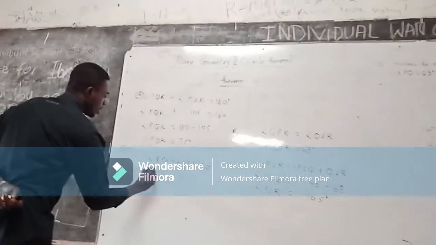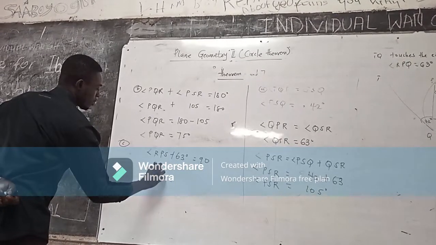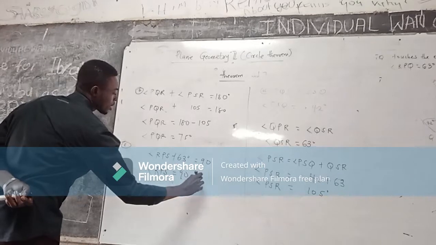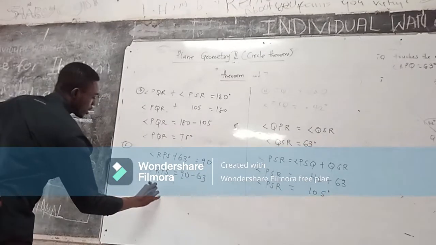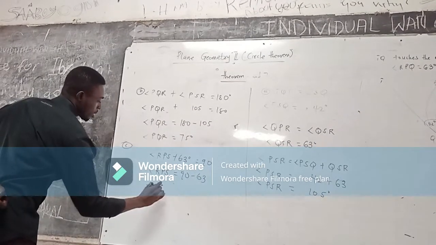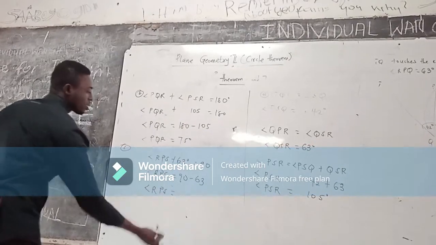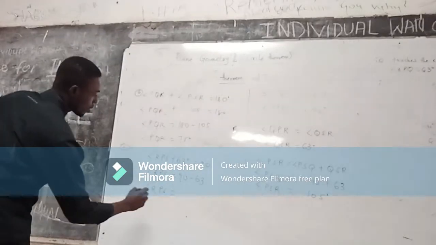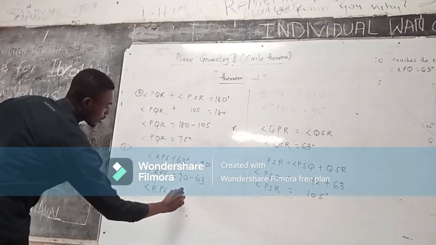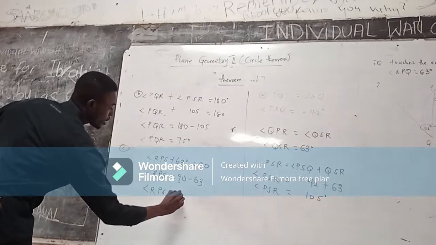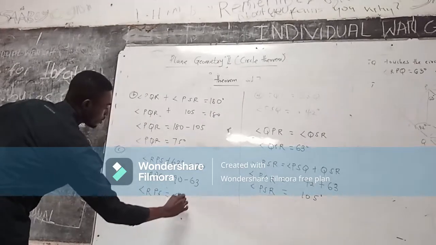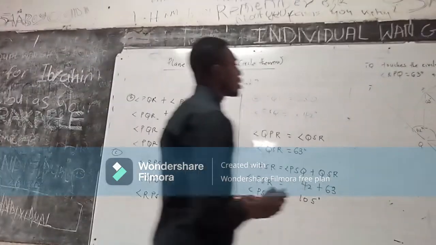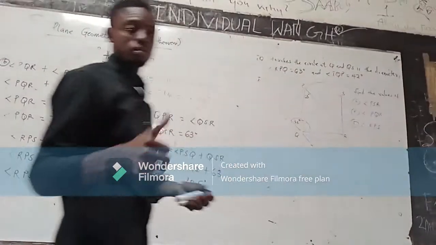So it's equal to 90 minus this. When you subtract this one from this, you are getting 27 degrees. Okay, so that is the solution of it.